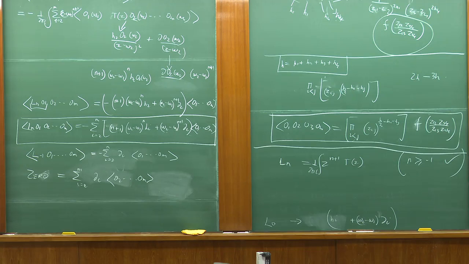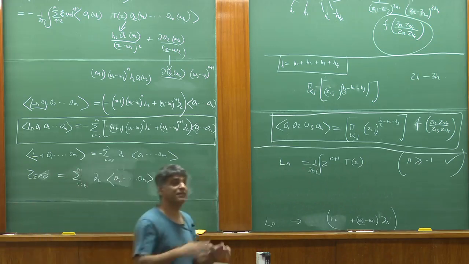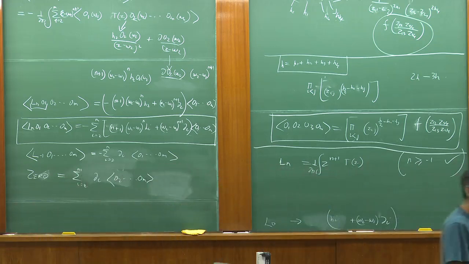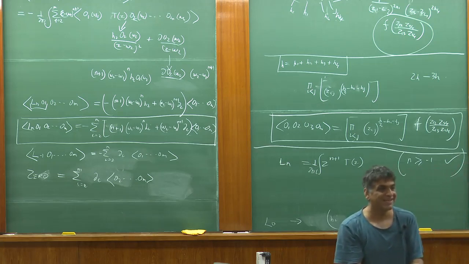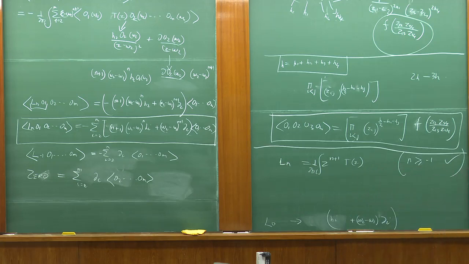Another way of saying it is that while this whole Virasoro symmetry is a symmetry of the theory, that symmetry is spontaneously broken down to SL2R. Because what do we mean by spontaneous symmetry breaking? We mean that there's a symmetry of the Lagrangian, but it's not a symmetry of the vacuum. Those generators don't annihilate the vacuum.